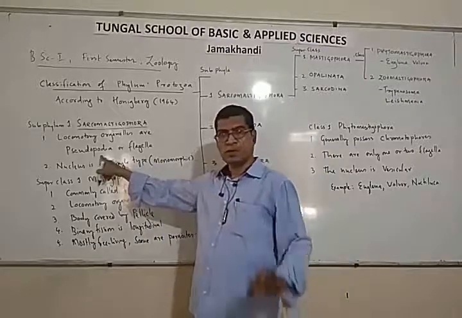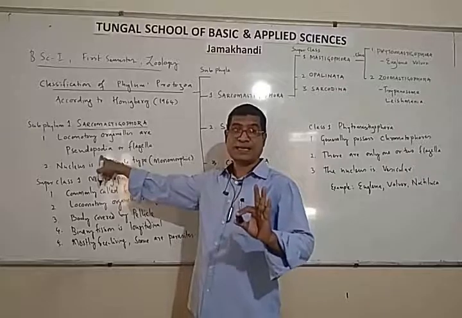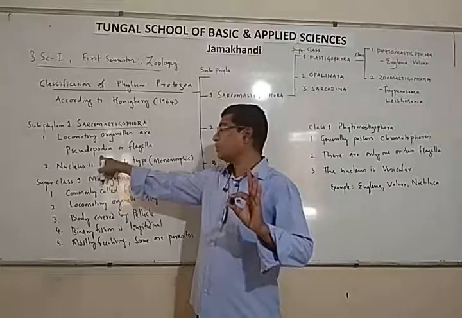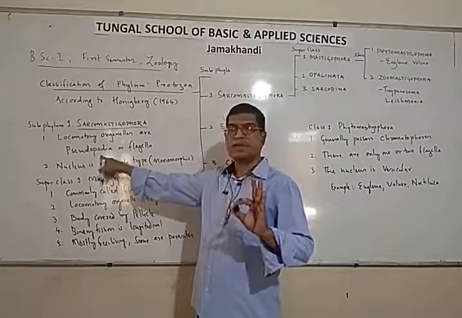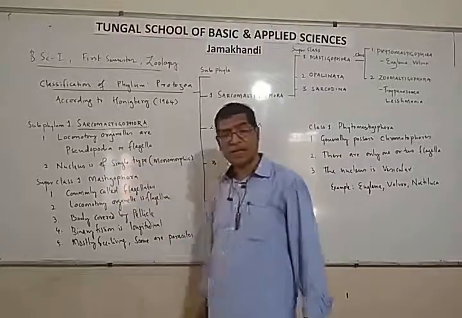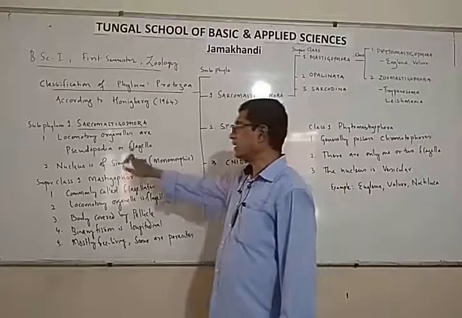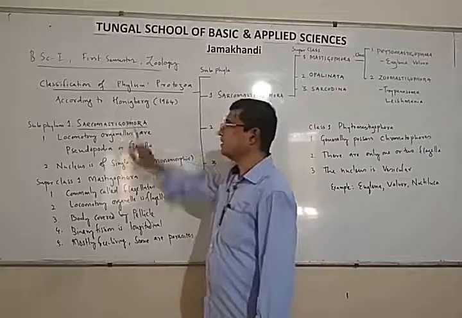Pseudopodia are usually present in amoeba. Very good example for the presence of pseudopodia in protozoa is amoeba. Then flagella may also be present in the animals that come under subphylum Sarcomastigophora.